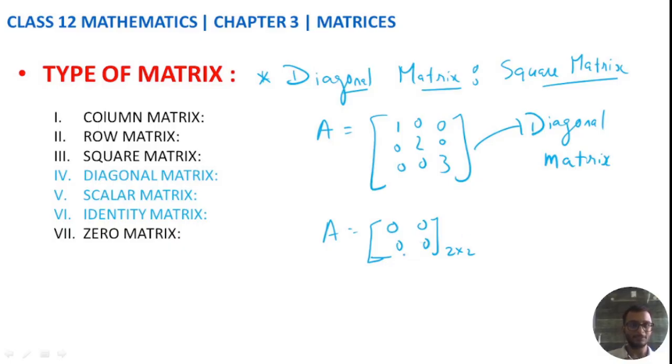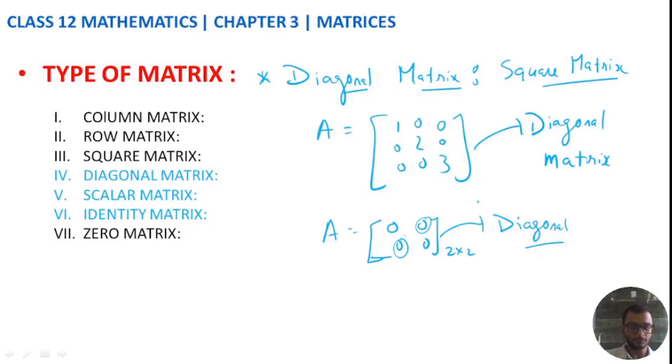Because what is the definition I told you? That all the non-diagonal elements should be 0, right? That is, only diagonal elements can be non-zero. Other than that, all should be 0. Here, other than diagonal elements are 0. Whatever the diagonal element is, it can be 0 also, it can be non-zero also. So this is also a diagonal matrix. So this is the definition of a diagonal matrix.